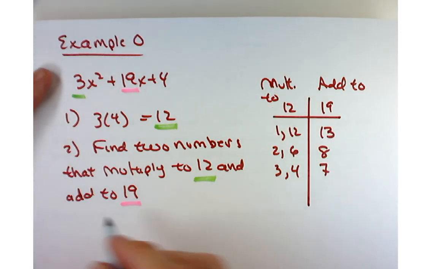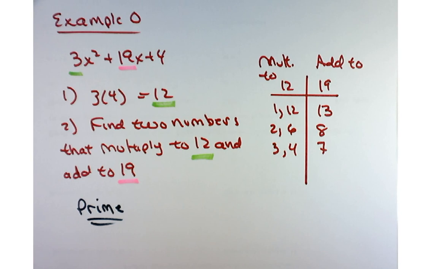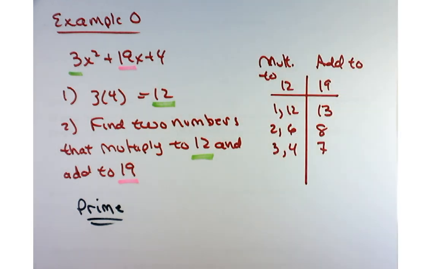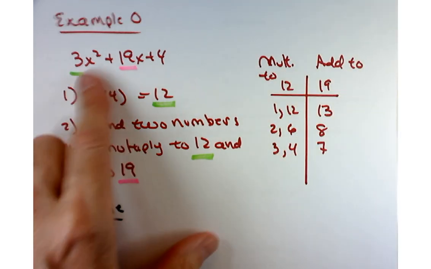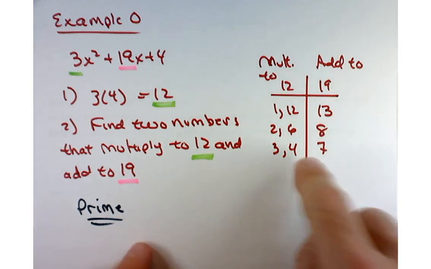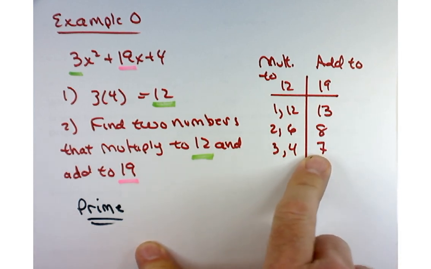It's not factorable. Prime. It's prime. Now, just a quick FYI on WebAssign, when you do this on WebAssign, instead of typing in the number or the word prime, it's going to ask you to just type in the polynomial again. Type it in unfactored, which I'm not really happy about, but at least if you have a heads up, then hopefully you'll get there. Part of the reason I do like this method is because this is telling you it's prime. That's it. There's nothing else you have to worry about.